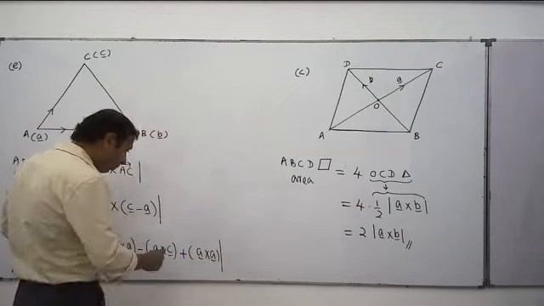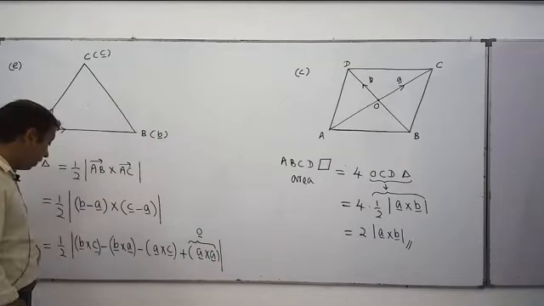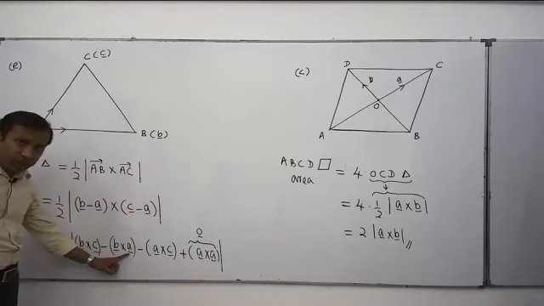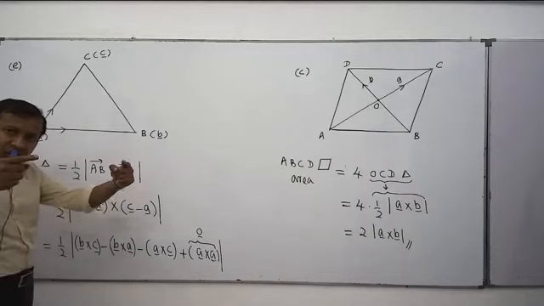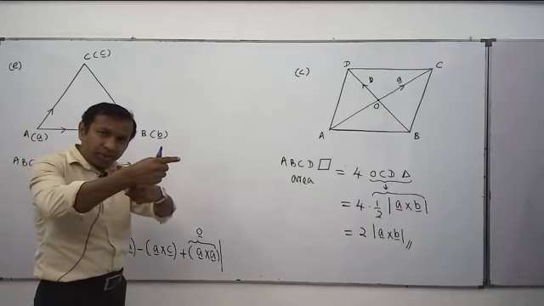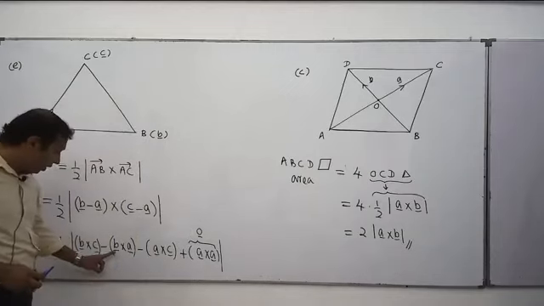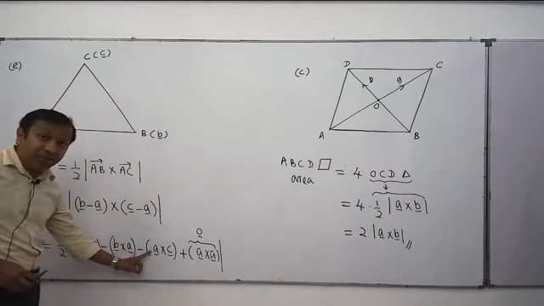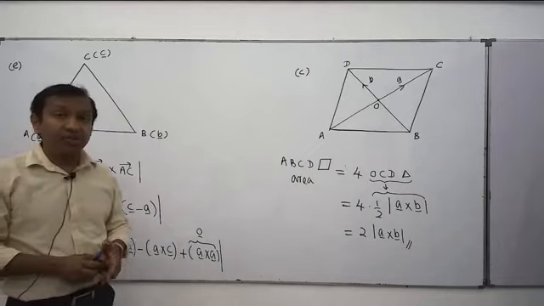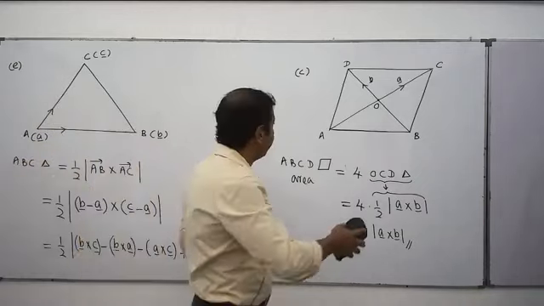Now in B cross A, I can interchange the order of the vectors and write it as A cross B. When we interchange the order in a cross product, an extra minus sign comes. So I can write this as minus A cross B, and also this as minus C cross A. Then we get the required answer.